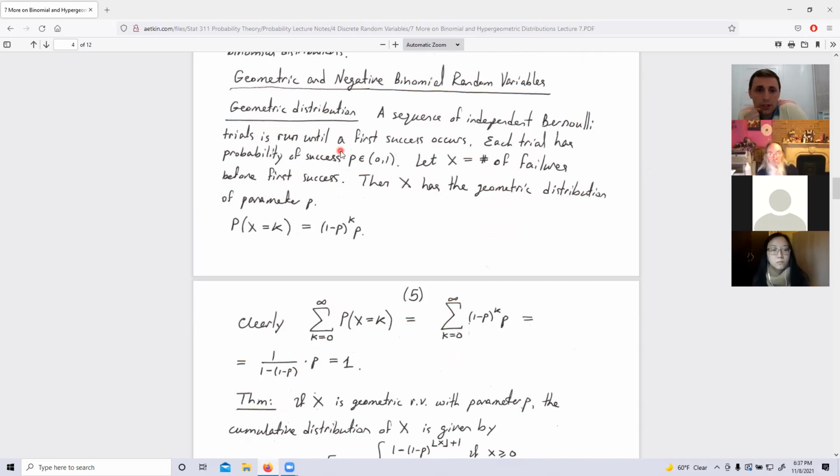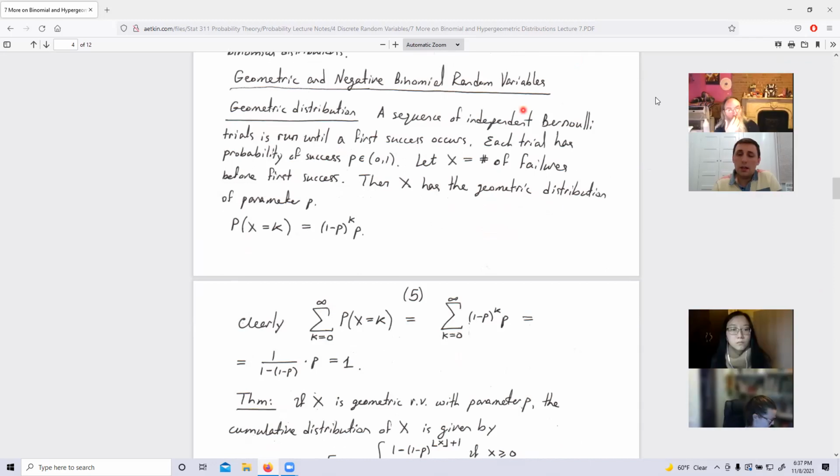We will define geometric to mean we are going to perform a trial until we get a success. So we're going to perform a sequence of independent trials, and we stop performing them once we get our first success. And X is the number of failures before the success.